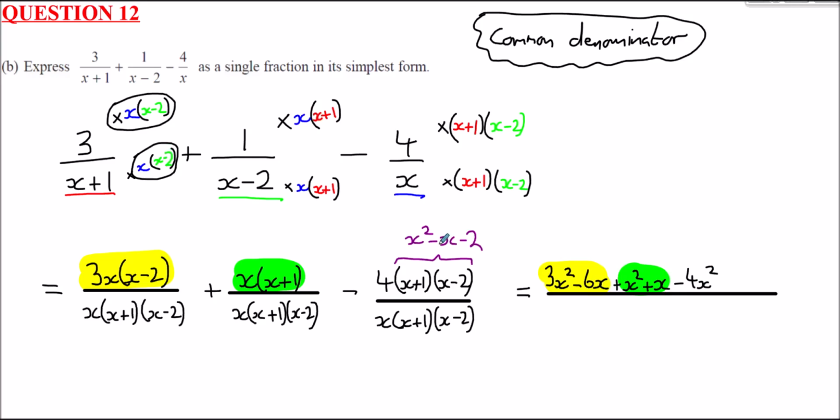Minus x multiplied by -4, minus times minus generates a plus, so that's positive 4x. And finally, -4 multiplied by -2 gives us positive 8. And all of that is being divided by x, brackets x plus 1, brackets x minus 2. So on the top here, we're just going to have a look to see if there are any cancellations.